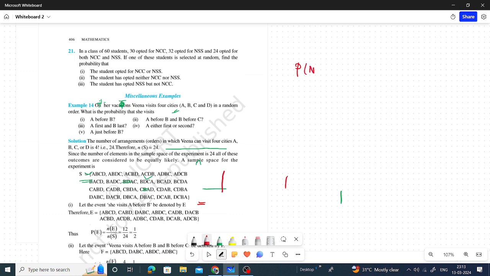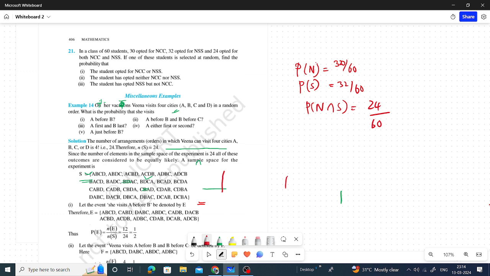Probability of NCC, probability of NSS. 30 opted NCC, 32 opted NSS, that means 32 by 60, and 24 opted both.